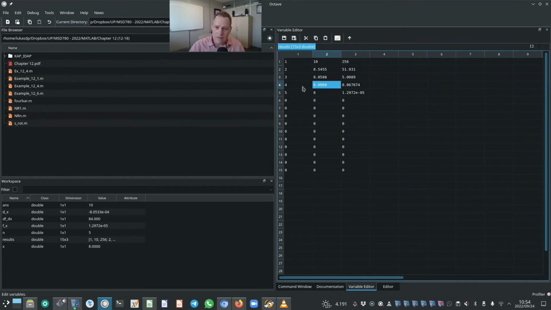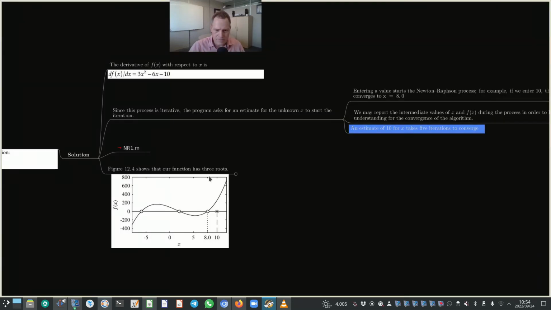It then goes in step 4 to 8.0008 with a function value of 0.067, and in step 5, this is the converged answer, x is 8, and the function value is very small, 1.29 times 10 to the minus 5. So you can clearly see it takes 5 iterations to converge.